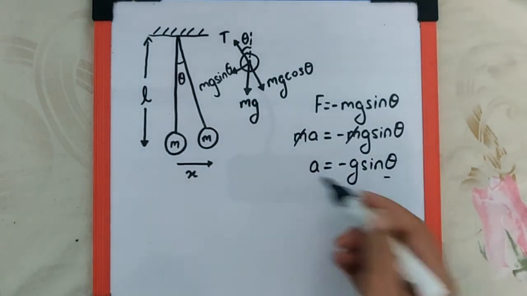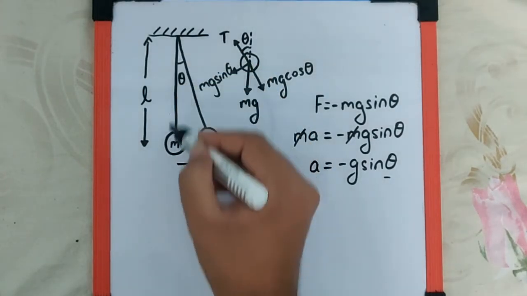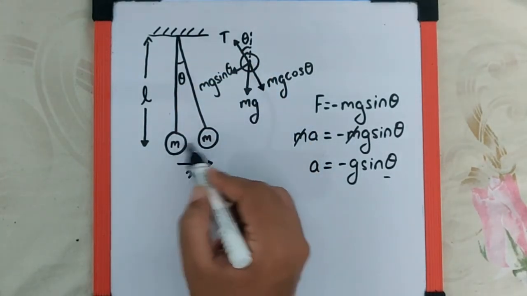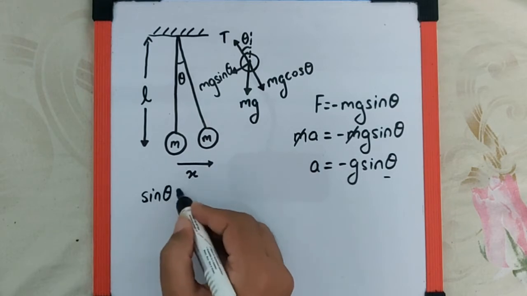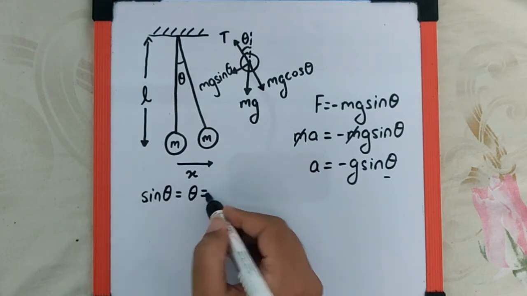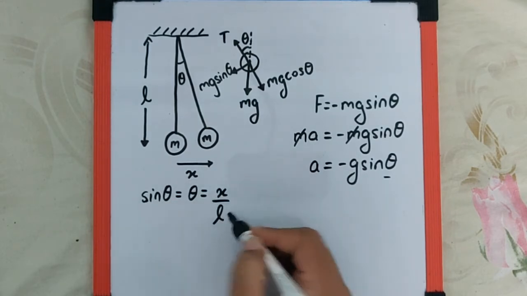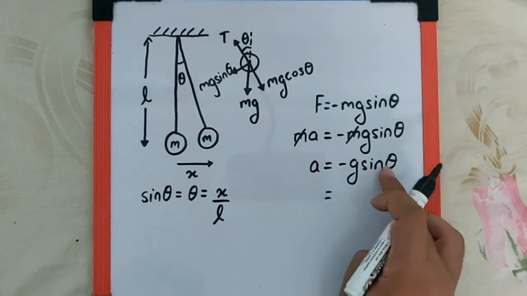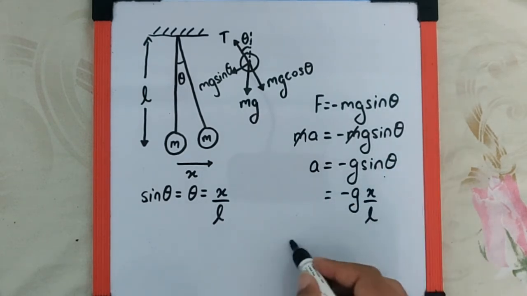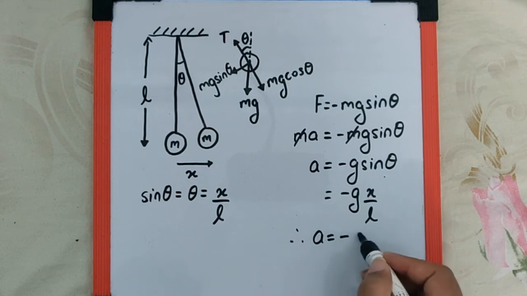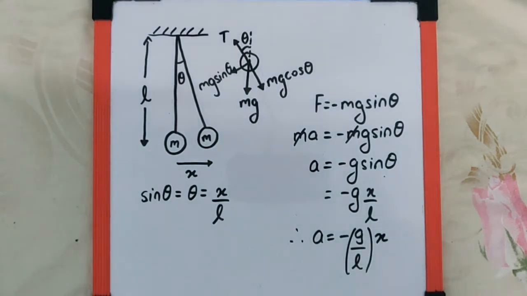For sin theta, in this triangle, we can say it is the opposite upon the hypotenuse, and since theta is very small, sin theta can be written as x by L, which becomes minus g x by L, or acceleration as minus g by L into x.